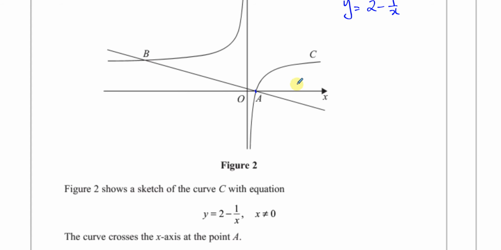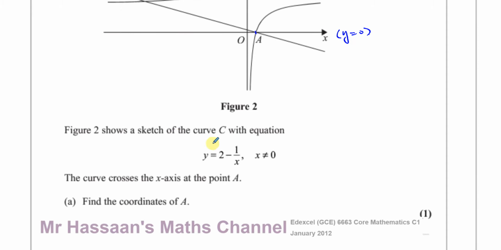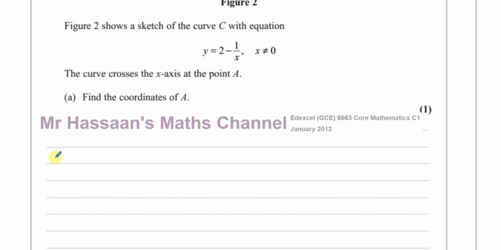Okay, that's pretty simple. We know that on the x-axis all the y values are 0. In fact, its equation is y equals 0, just as the equation of the y-axis is x equals 0. So if we substitute y equals 0 into this equation, it will tell us where it crosses the x-axis. At A, y must equal 0, so 2 minus 1 over x is equal to 0.